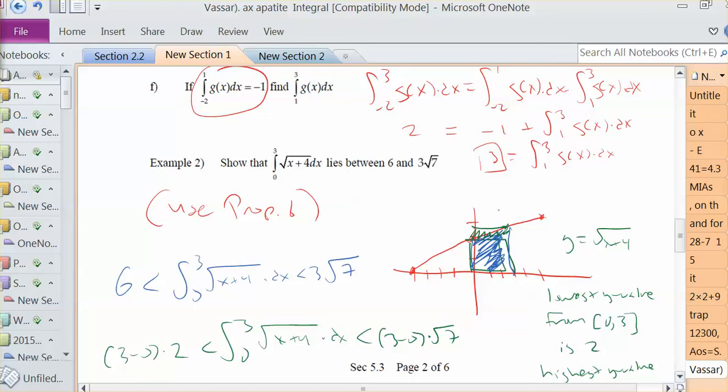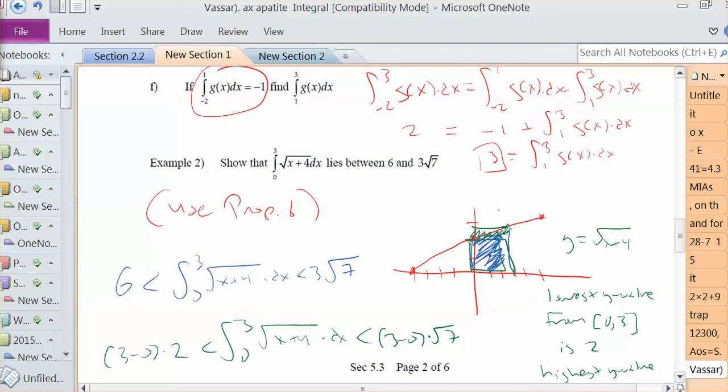Another way we can look at it is we could use the extreme value theorem, because it is a continuous function and we are in a closed domain. We can evaluate f of 0, evaluate f of 3, and then try to find a critical point. Since f of x is root x plus 4, take the derivative, which we've done before, and then find a critical point and test it out.